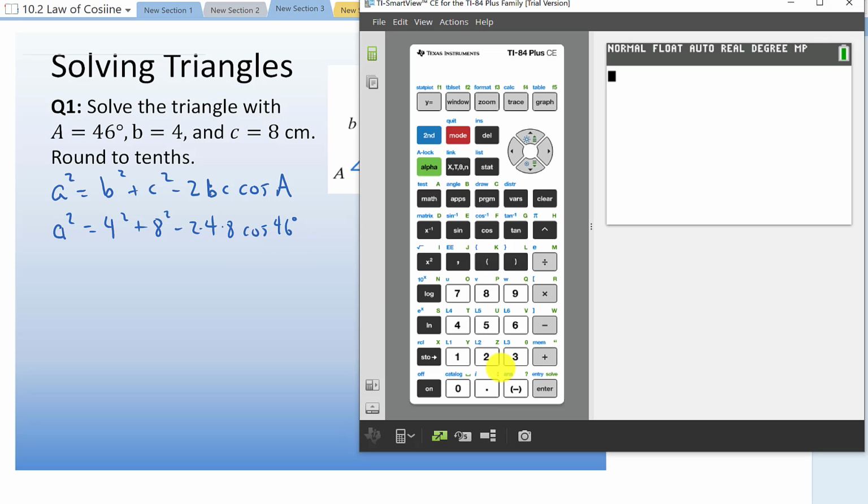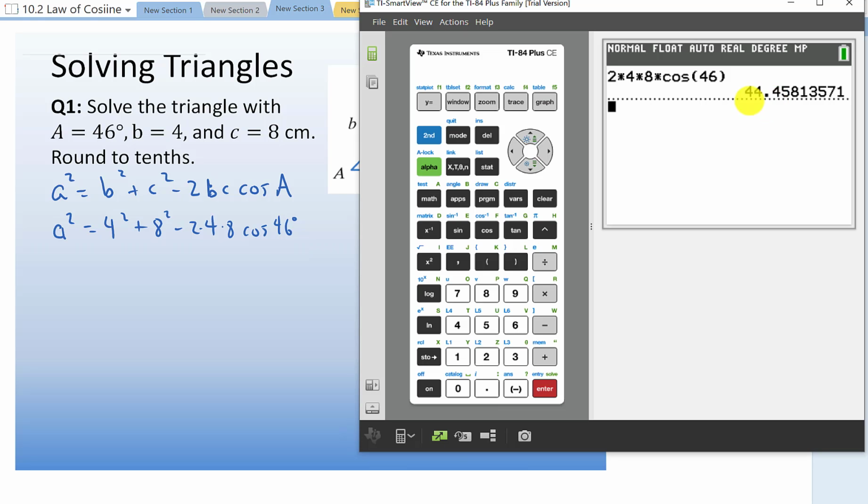So if we did 2 times 4 times 8 times cosine of 46, we'll get a numerical value for that part. Now I would leave this whole number in the calculator, 44.4581, and when I continue my next step, I'm going to do the next step with that whole number.